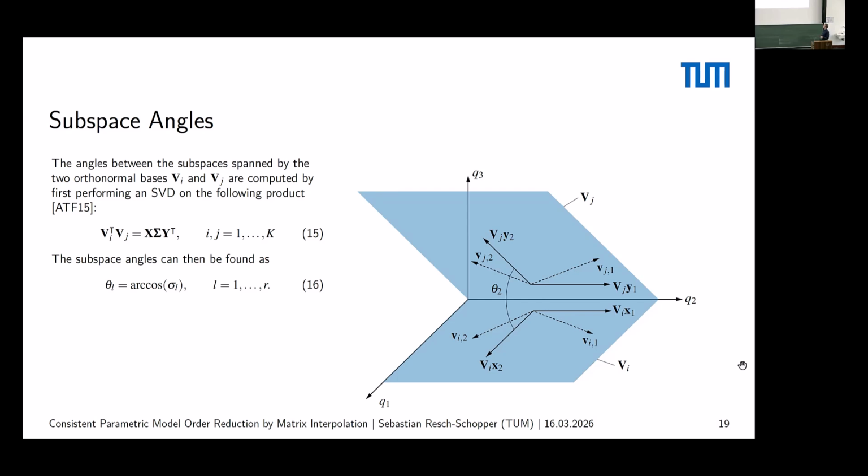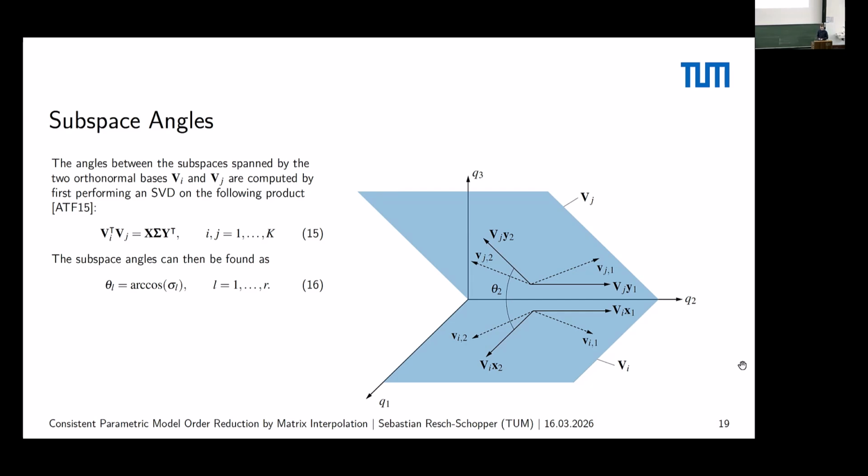If we use this approach, then we could transform the reduced spaces with the left and right singular vectors, and they would tell us the first direction is perfectly aligned, as we already know. We would get an angle of 0 degrees between them, and the second subspace angle would be, I would say, roughly 45 degrees in this sketch, and we also know that it relates to this component and this component, which we get from multiplication with the left and the right singular vectors.